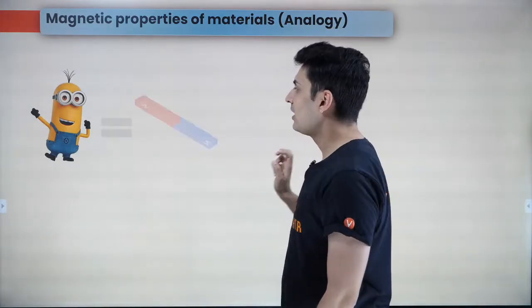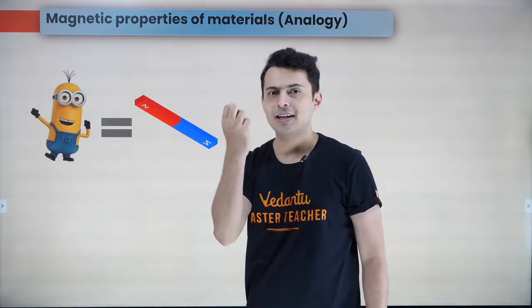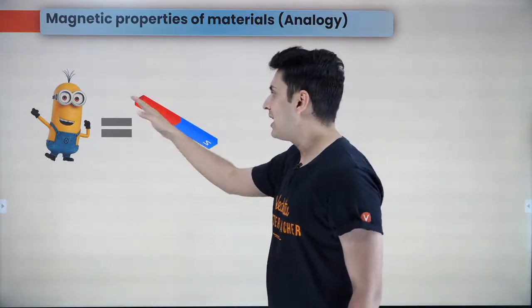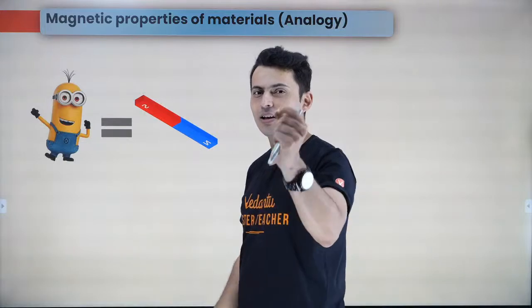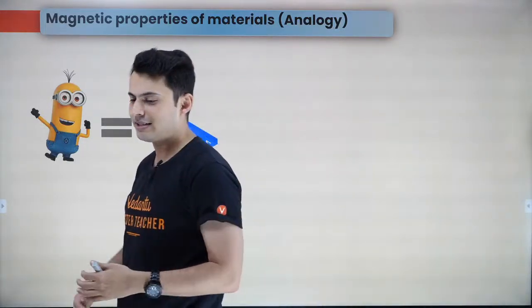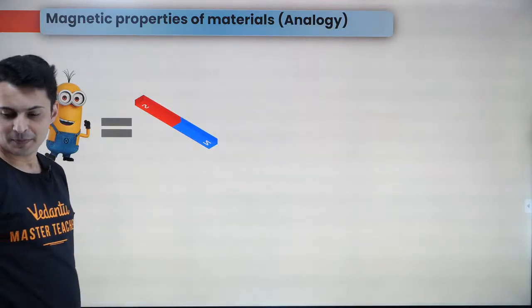So he is like a small magnet, that electron which revolves, and the direction in which he looks is also the direction of the small magnetic moment produced by that electron. I hope everybody has understood till here.